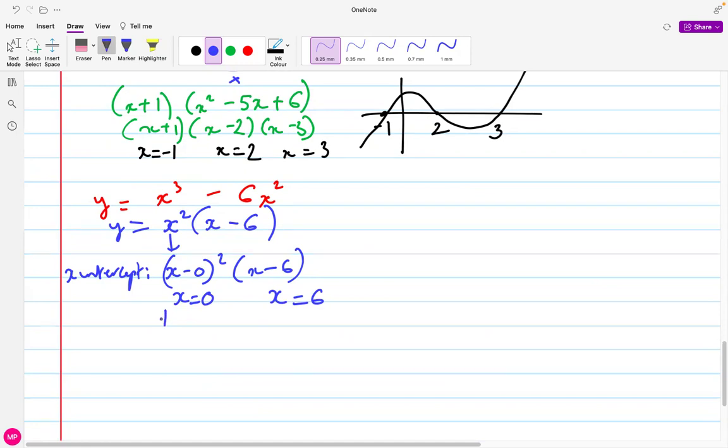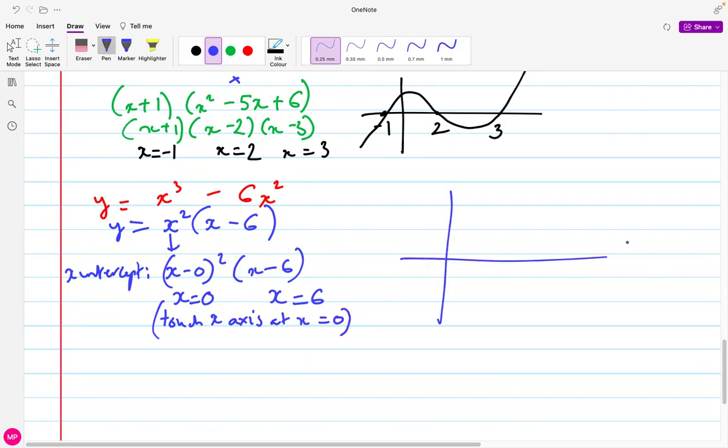So this means you're going to touch the axis, or you form a parabola, at x equals 0. So you have 0 here, you have 6 here, positive cubic starts from the bottom, goes to 0, and you need to touch it. So you need to back down straight away. Go to 6, and then you just go up.